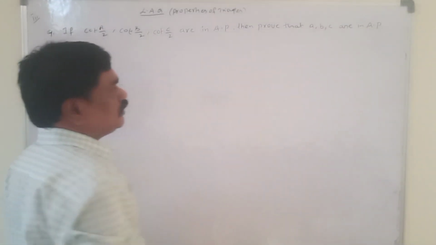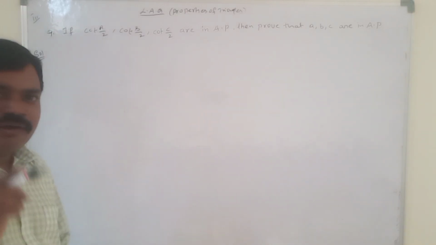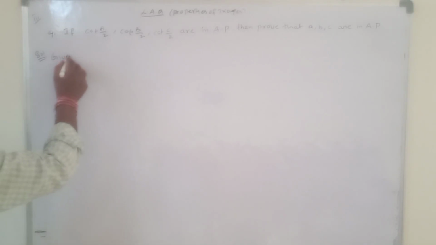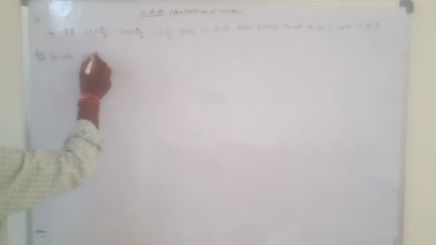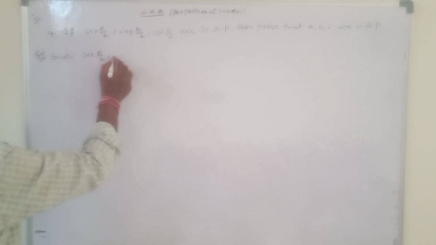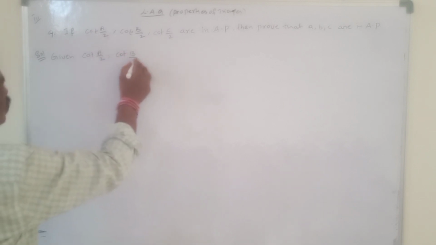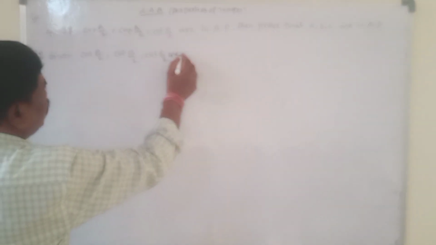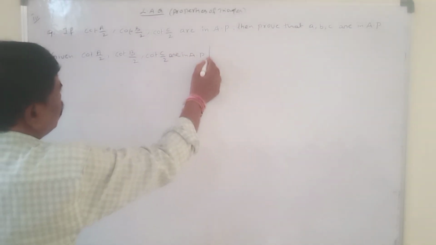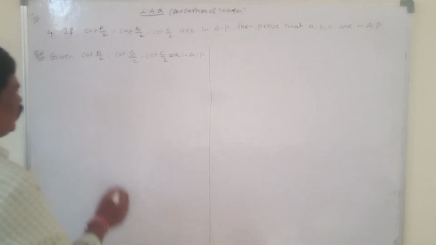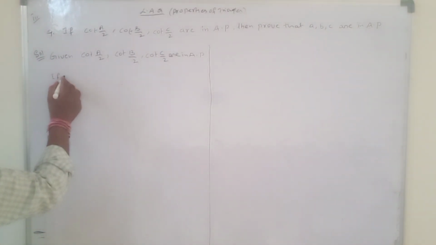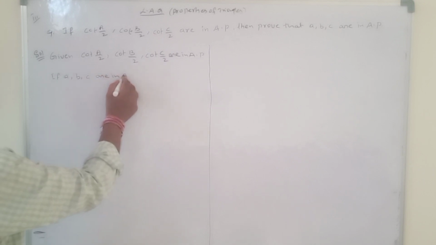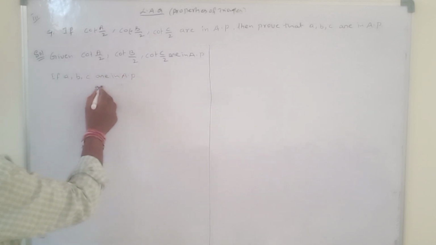If A, B, C are in AP, then what is the condition?